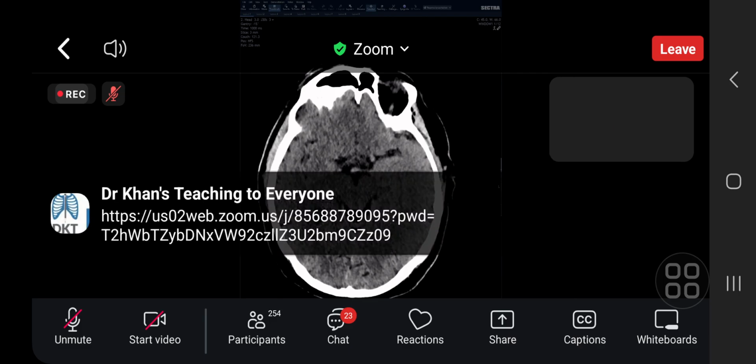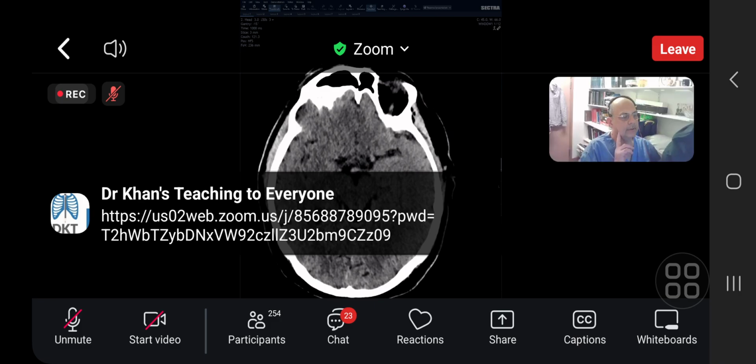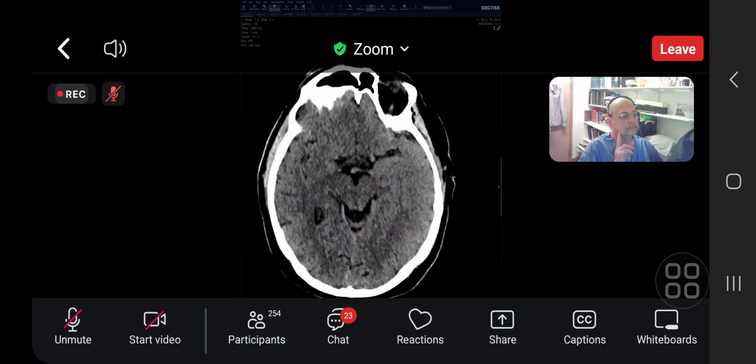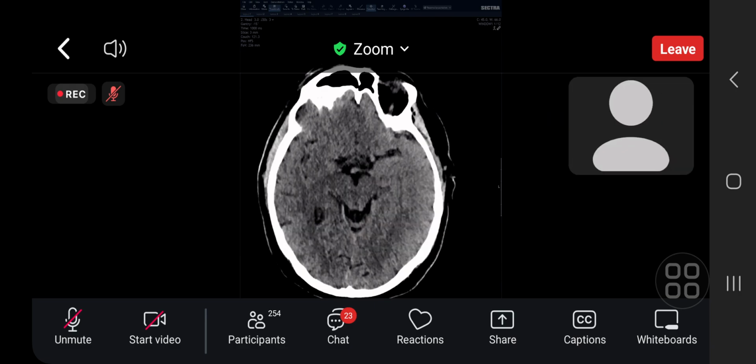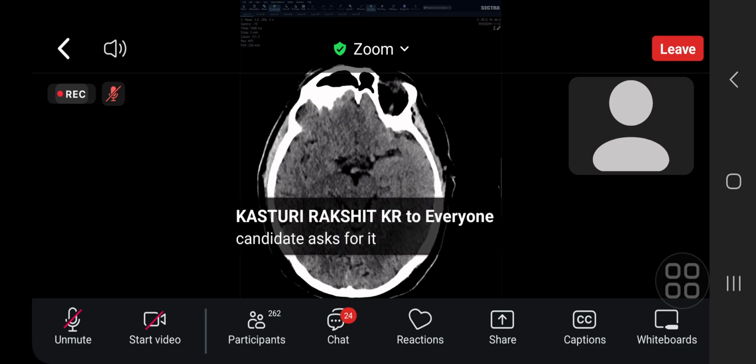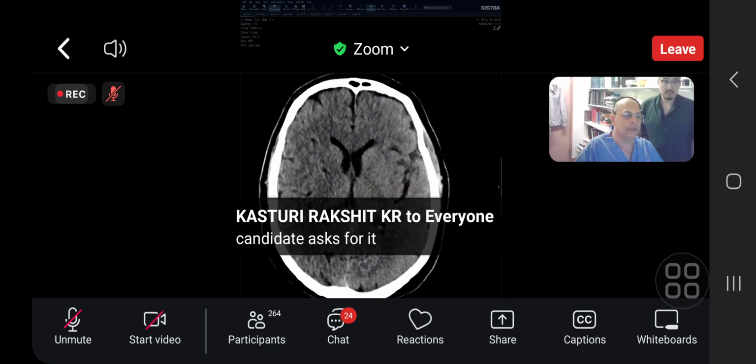I'm trying to figure out how to give you control so that you can scroll through. Can you scroll? Is it possible?